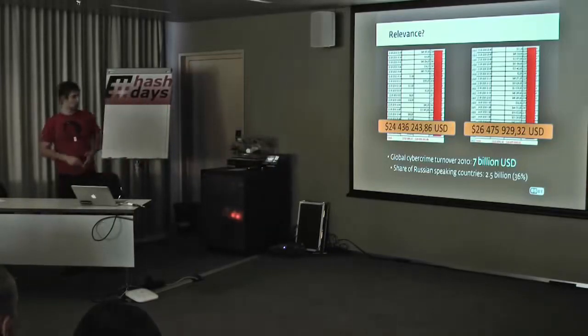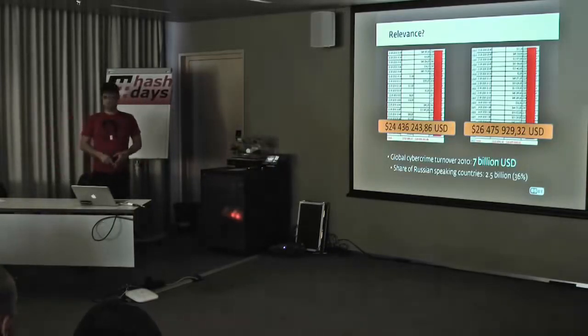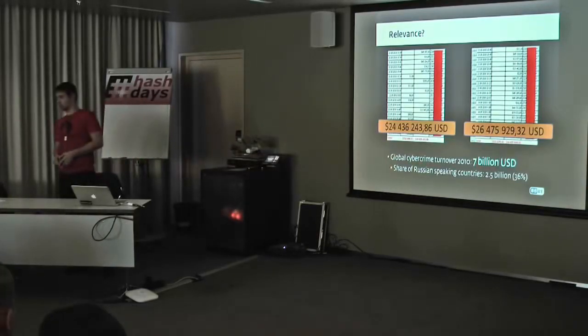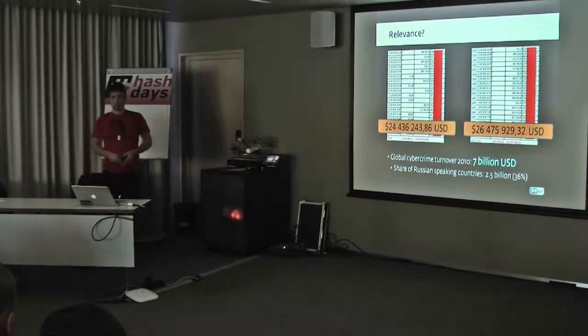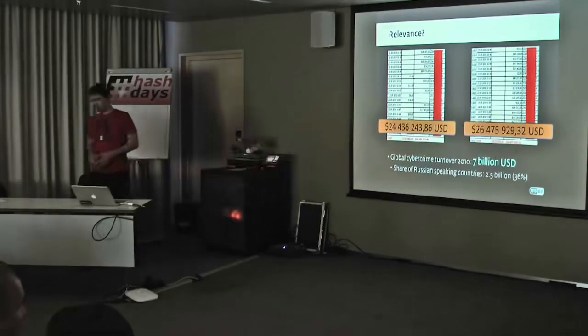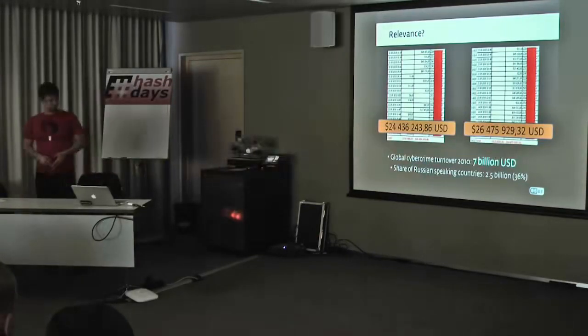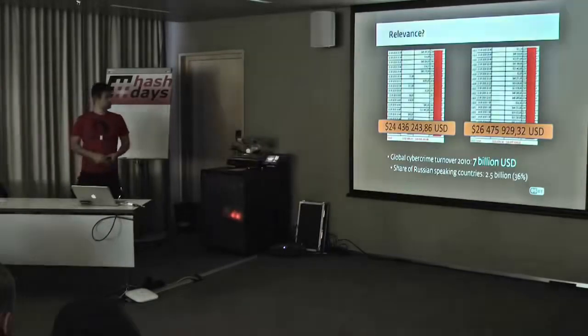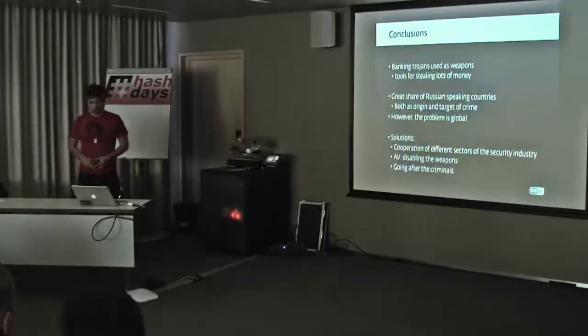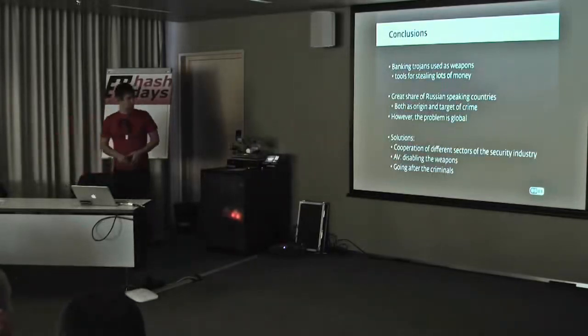This report was published this year, and it's already known that in the second half of 2010, there has been a noticeable increase in cybercrime related to banking Trojans. So we're expecting the numbers for 2011 to be even higher, and the report will be out in the first quarter of next year.